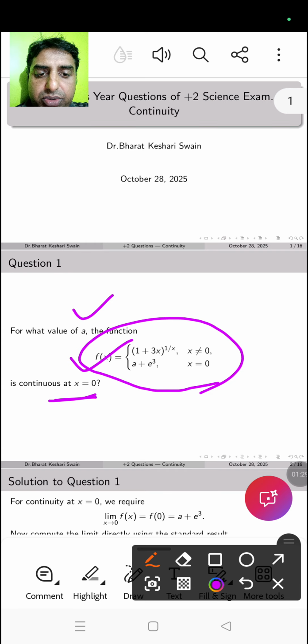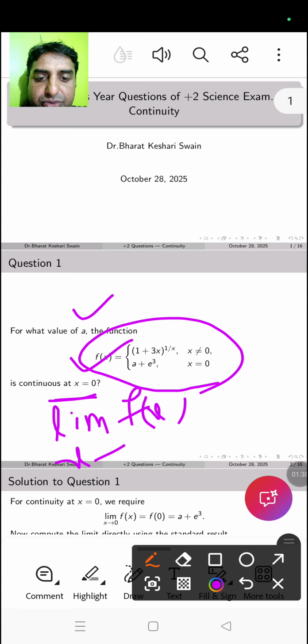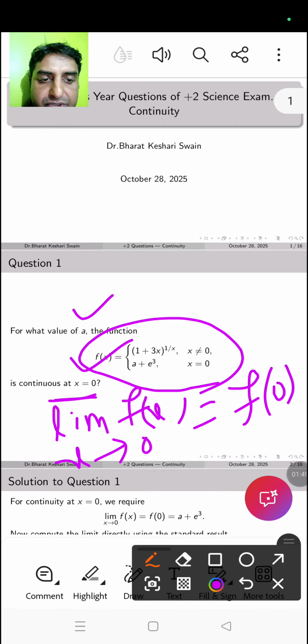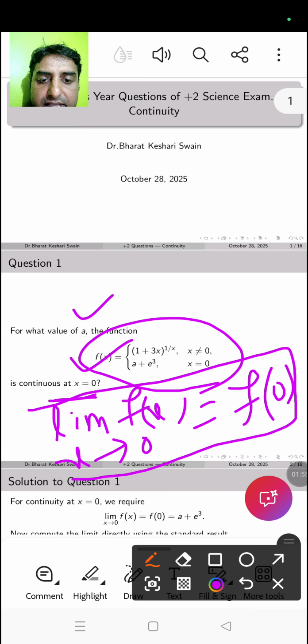We know that for a continuous function, the limiting value of f(x) as x tends to 0 must be equal to the functional value at the given point, that is f(0).